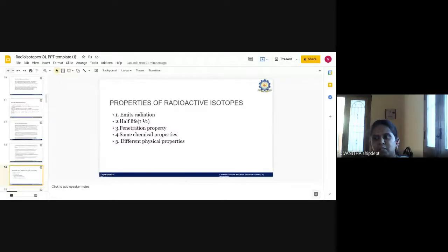Every radioactive isotope must have a half-life period, and it has a penetration property. The penetration property differs for each particle, and isotopes have the same chemical properties but different physical properties.